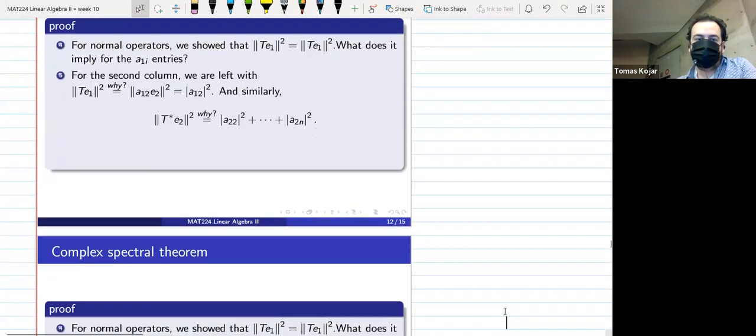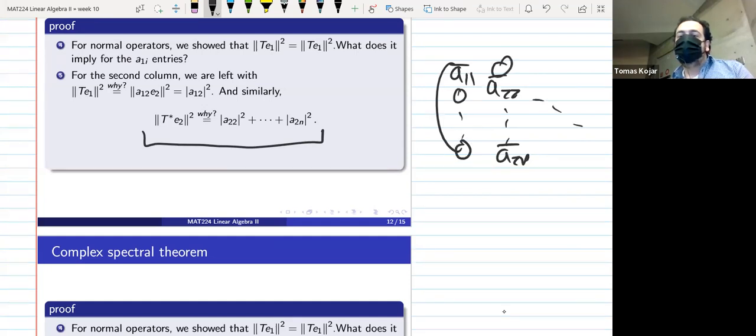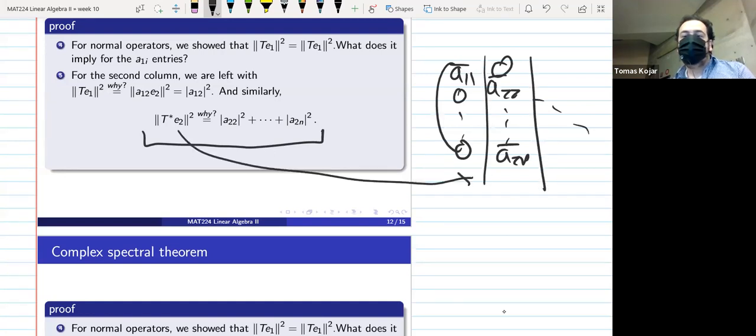I have it over here, I might as well go. So if you take the transpose, the second column in that matrix we had, so it was A11 conjugate, A22, A2n. Okay? And then stuff. But the basic point is that the second column will be the T star E2.